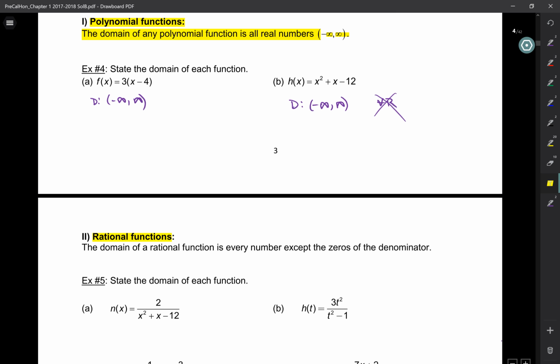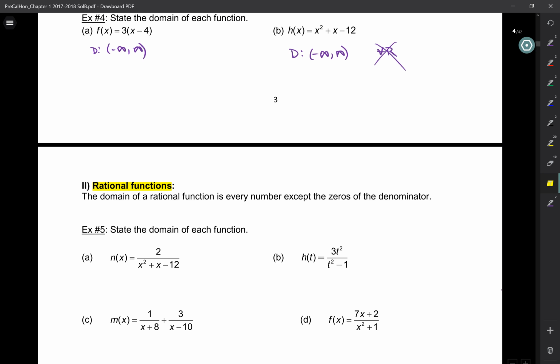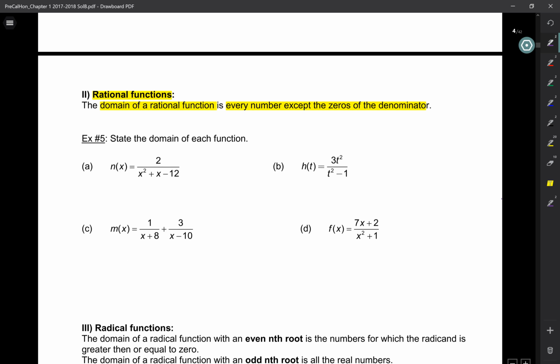Okay, so first it's polynomial. Next is rational functions with denominators. The domain of a rational function is every number except the zeros of the denominator. So, very easy. Take the denominator, set it equal to 0.